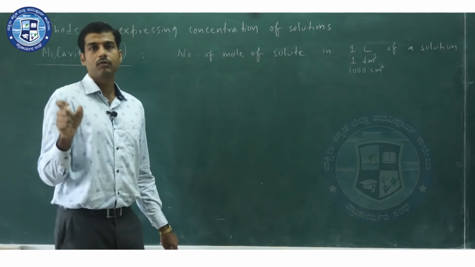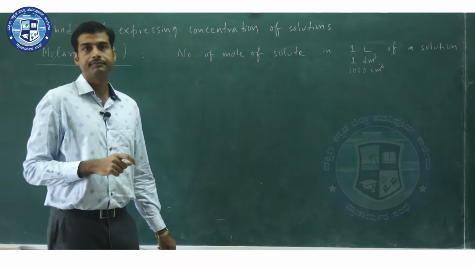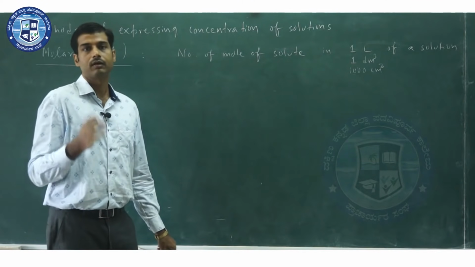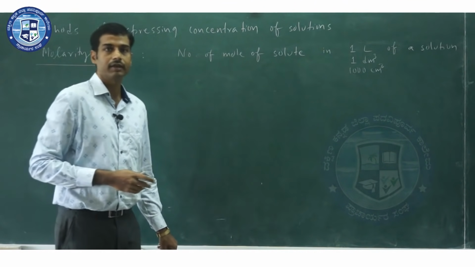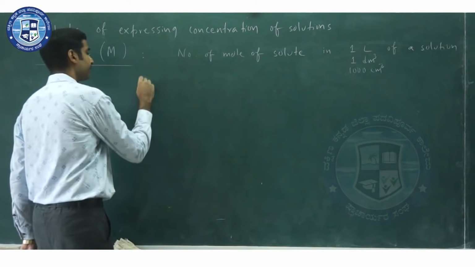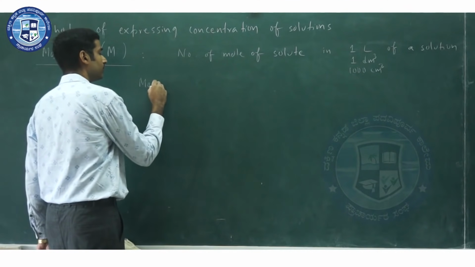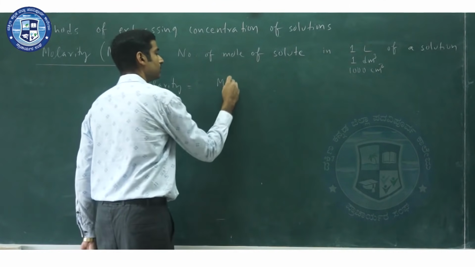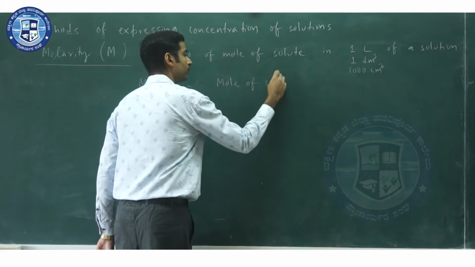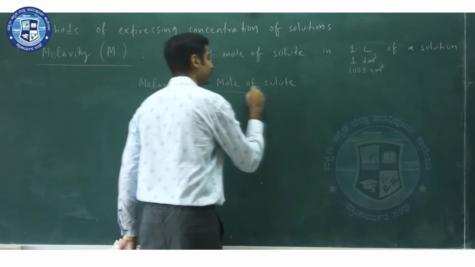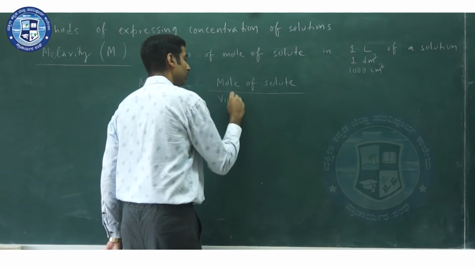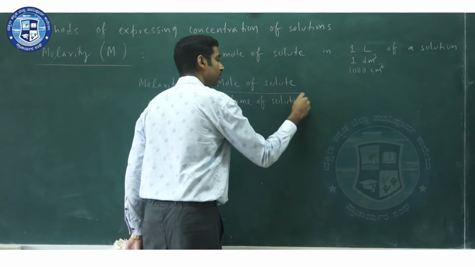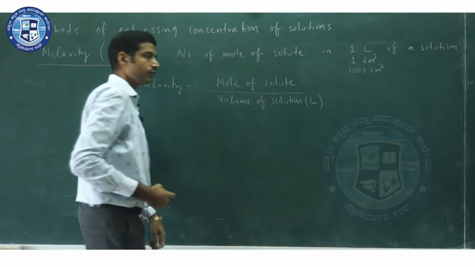So the number of moles of the solute dissolved in 1 liter of the solution is the concentration expressed in terms of molarity. You can express this as a formula. Molarity is the number of moles of the solute divided by the volume of the solution expressed in liters.